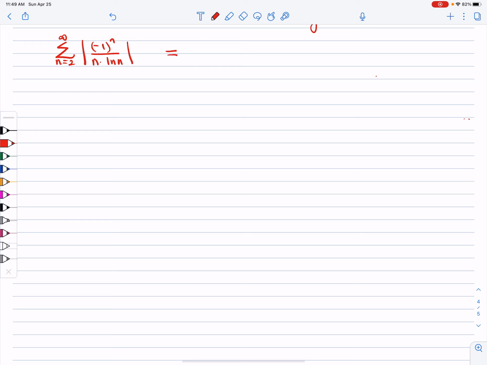So this is going to be equal to sigma as n goes from 2 to infinity of 1 over n times ln of n. And what we want to do is come up with the test. Remember, you have about 10 of them that you can pick and choose from to establish whether this series is convergent or divergent.